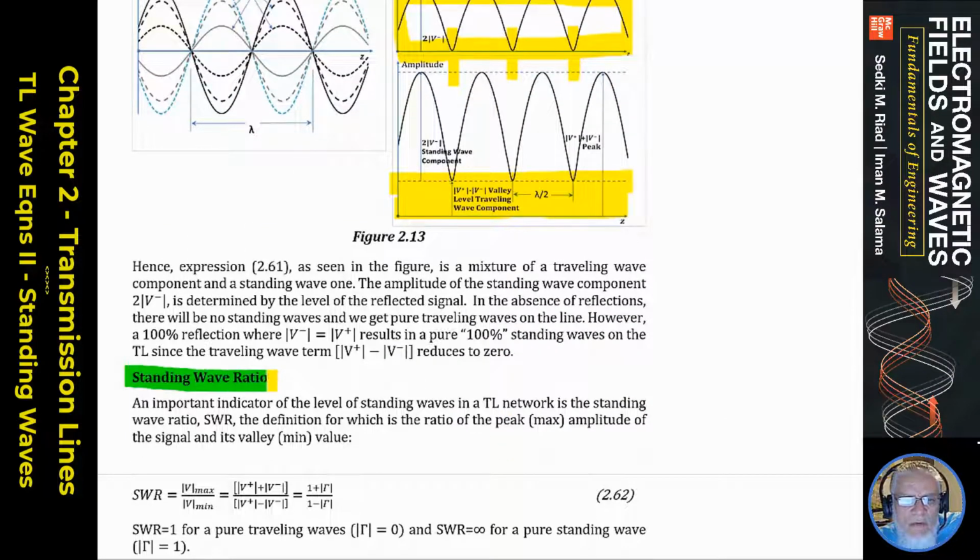We define the standing wave ratio as the ratio between Vmax, which is this amount right here, over Vmin, and that's your Vmin. So at different locations, you can see here's Vmax and Vmin, Vmax, Vmin. That ratio is called the standing wave ratio.